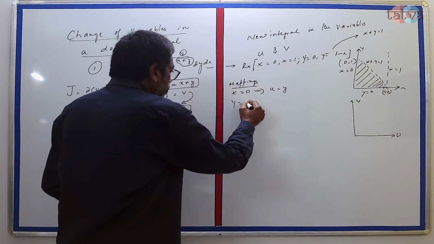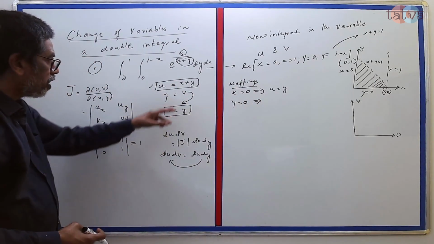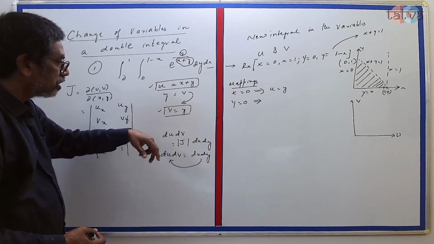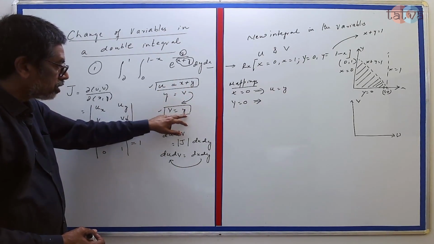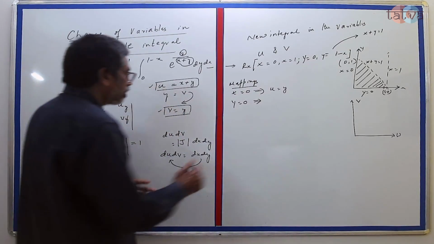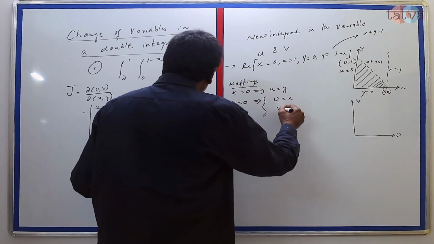Y is equal to 0 produces, I've got two options. I can go here, I'll get u is equal to x. I'll go here, I'll get v is equal to 0. That's a better one for me. So I'll have u is equal to x or v is equal to 0.